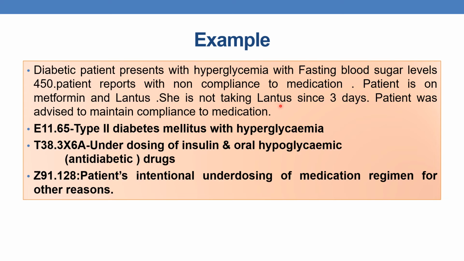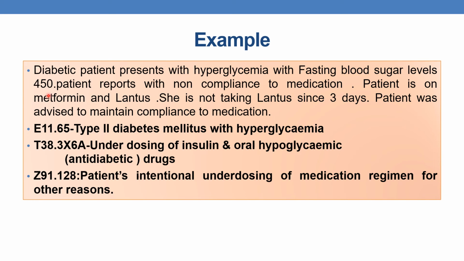She has not been taking Lantus for 3 days. So the patient was advised to maintain compliance to medication. Here there is no alteration in the physical state. That is, the patient is presenting with hyperglycemia and fasting blood sugar levels are 450.